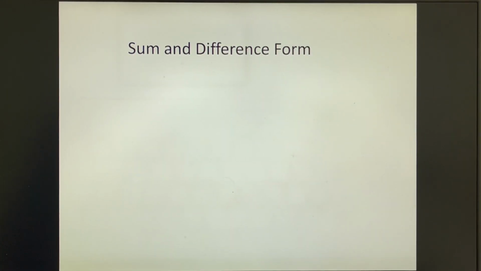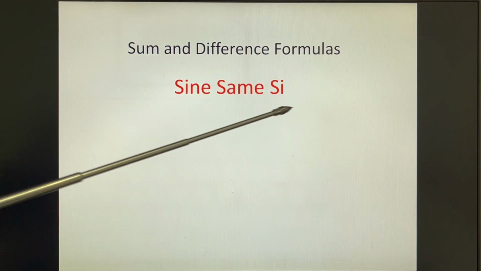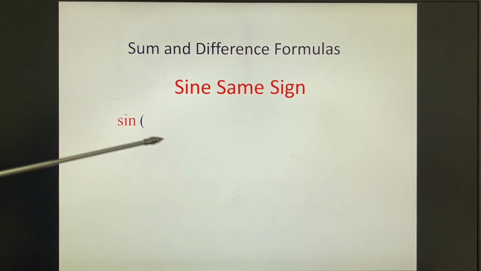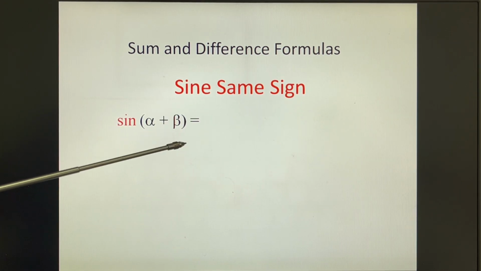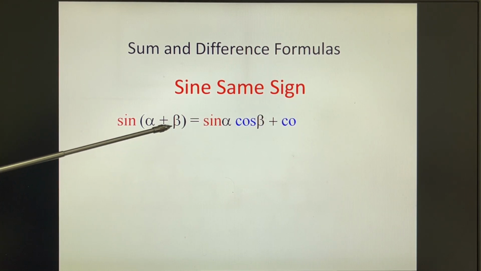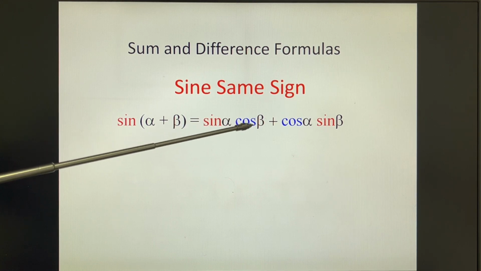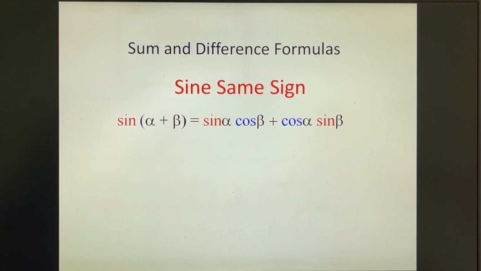Okay, let's summarize it. We use the sum and difference formulas to deduce others. They have 4, but 2 is the key. Sine, same sign. Sine alpha plus beta, same sign, is sine alpha cosine beta plus, same sign, different functions: sine alpha cosine beta, cosine alpha sine beta.